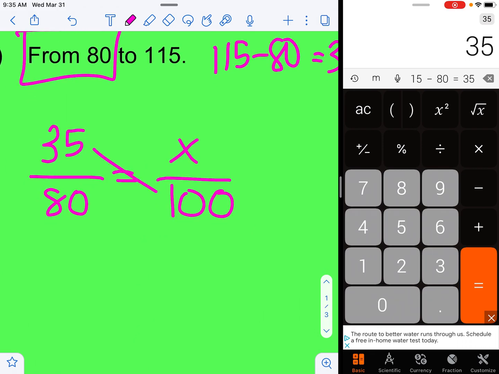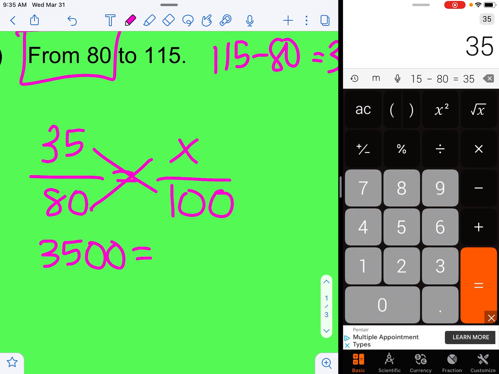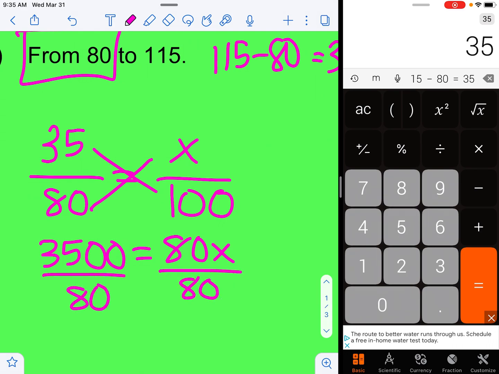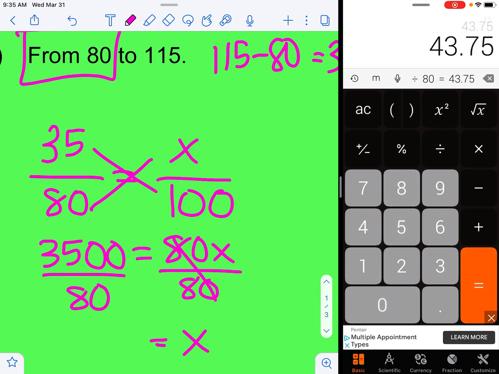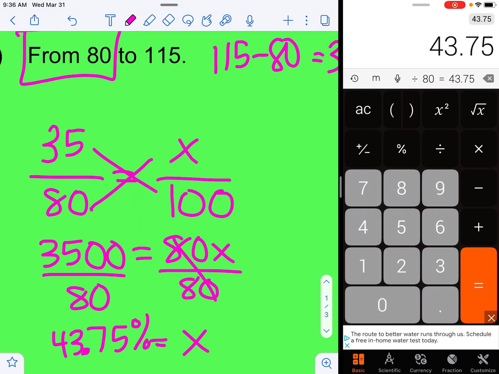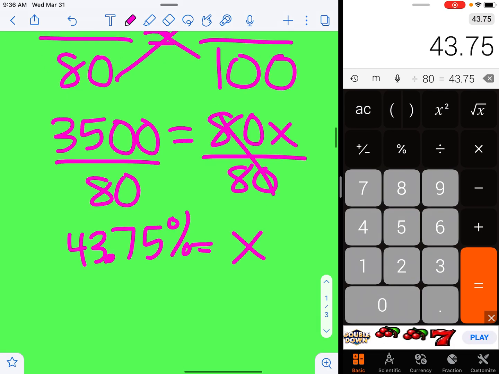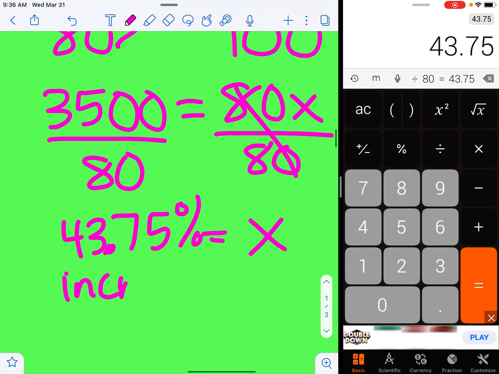Cross multiply: 35 times 100 is 3,500, and that's equal to 80x. And we need to divide both sides by 80. So 3,500 divided by 80 gives us 43.75%. And our number was going from 80 to 115, so that is getting bigger, so this was an increase.